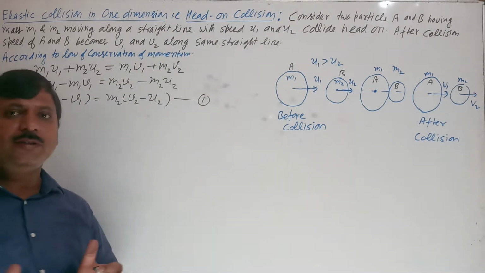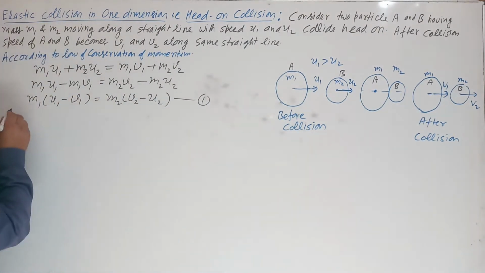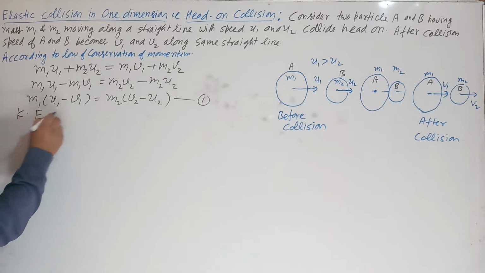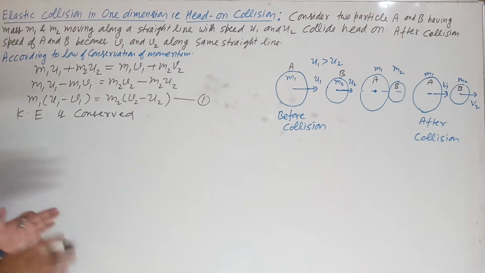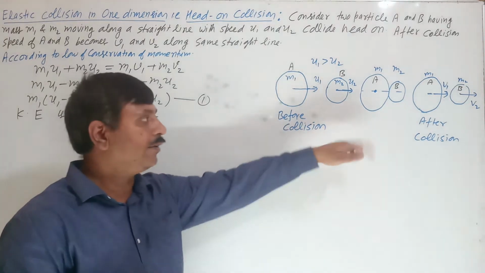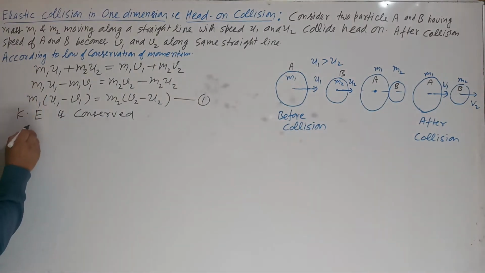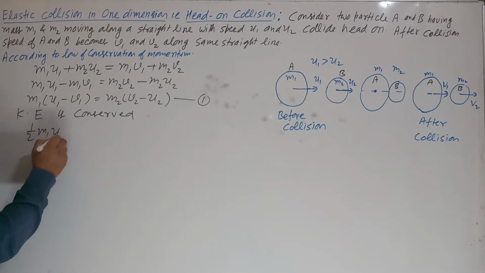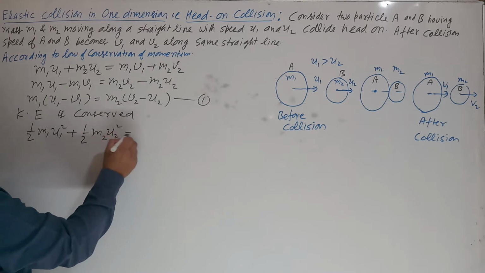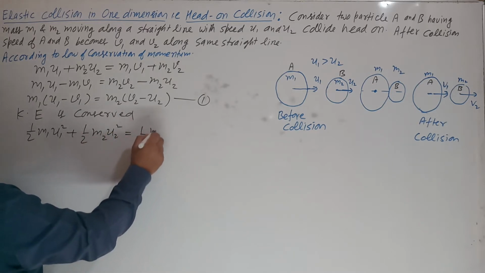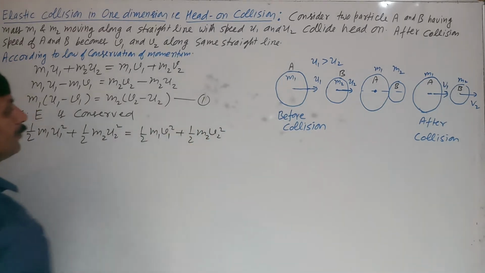See, in elastic collision, as I told you, kinetic energy is also conserved. So initial kinetic energy before collision is equal to final kinetic energy after collision. Initial kinetic energy will be half m1 u1 square plus half m2 u2 square before collision. After collision, half m1 v1 square plus half m2 v2 square.